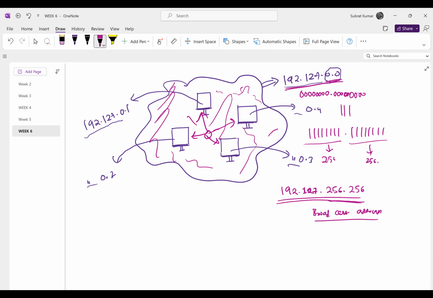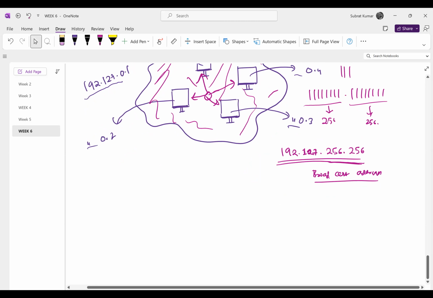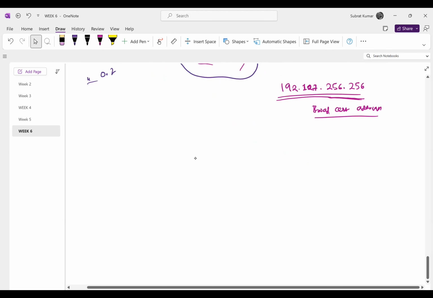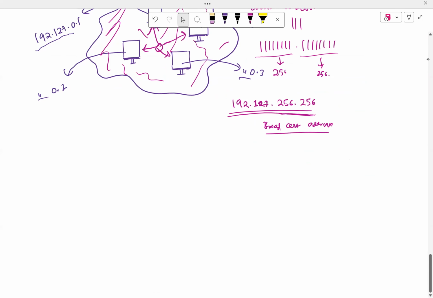this is the broadcast address, okay, and this is broadcast. We cannot use it. So we just need to count how many addresses are left for the host.